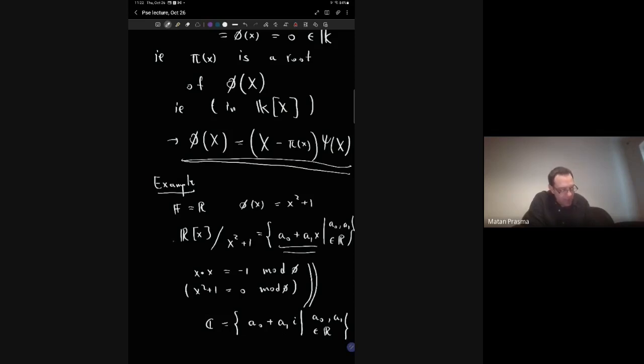Okay, so what we did before the break in this example would give you at least one way to obtain naturally the complex numbers from the real numbers. Any questions?